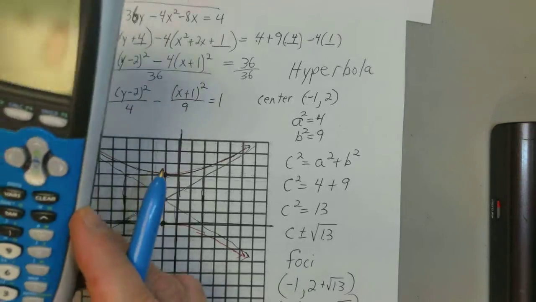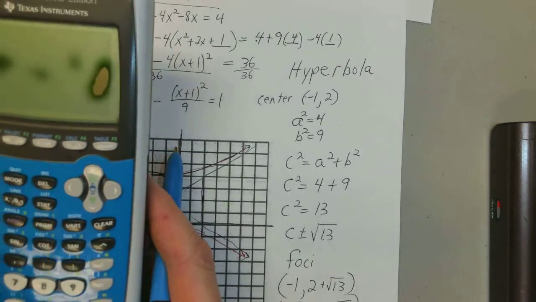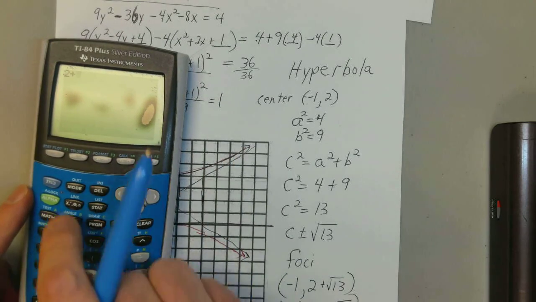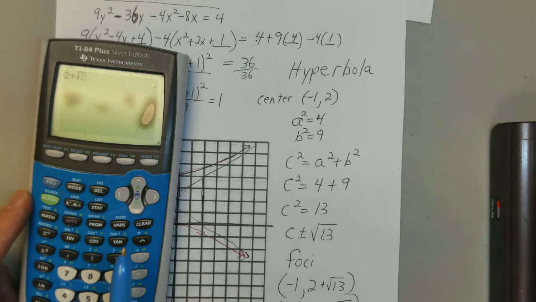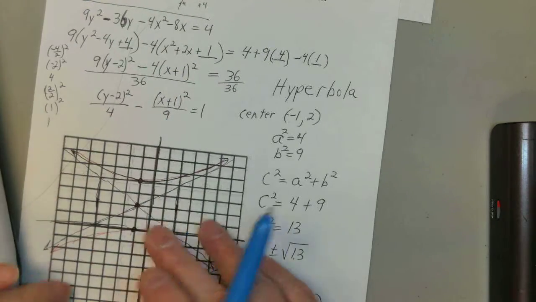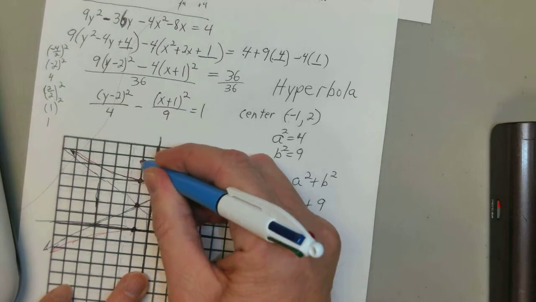So I'm going to just figure out what the square root of, well, let's do this. 2 plus square root of 13 is about 5.6. So there is a focus.